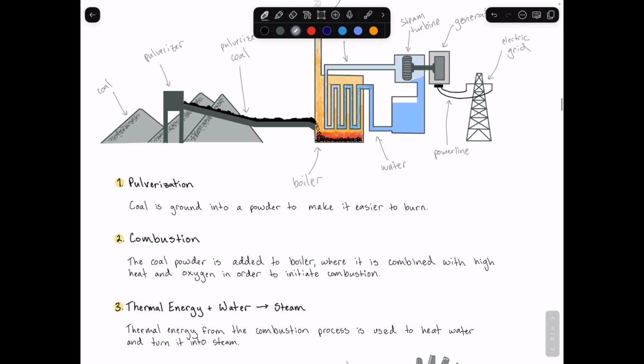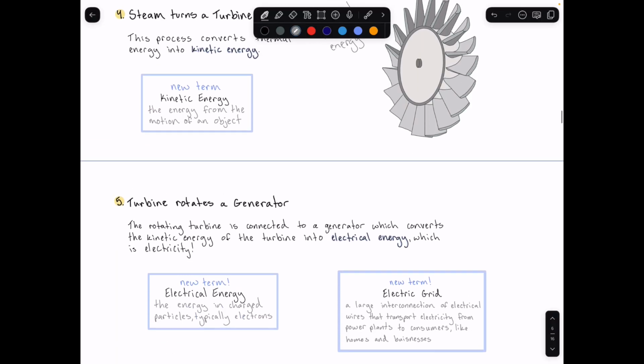What the electric grid is, most simply, is a large interconnection of electrical wires that transport electricity from power plants to consumers, like homes and businesses. So this is how electricity goes from power plants to your house. It's how you're able to power your laptop or your phone so that you can watch this video.